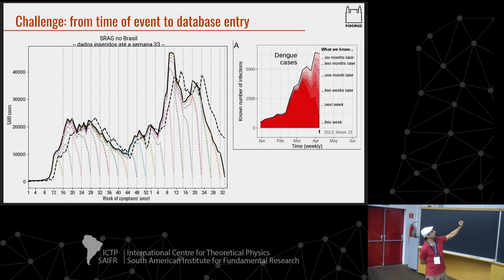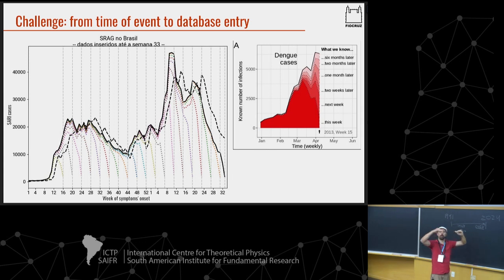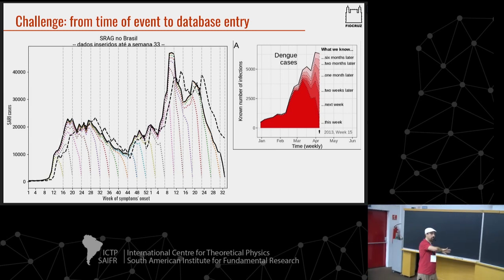But also, not only are we losing when things are starting to get worse, we are also losing when things are starting to get better. If you see, for instance, between weeks 17, more or less, to week 28, where we had a plateau in our country in terms of what was really going on, by aggregating the data by database insertion, we will think that the cases were still going up.